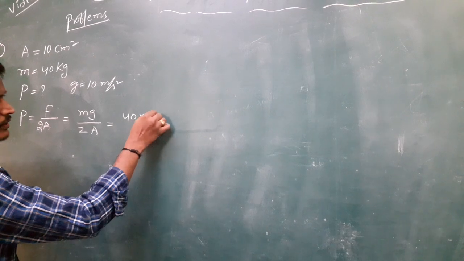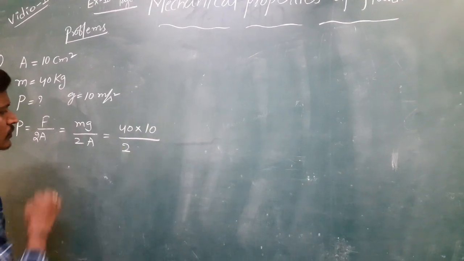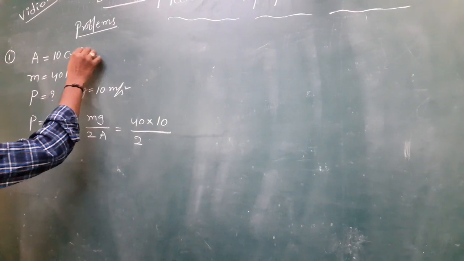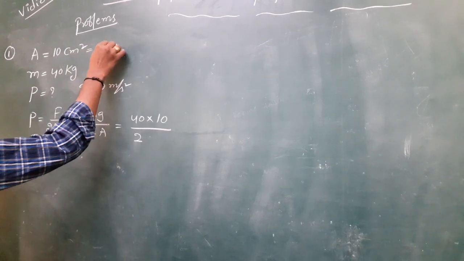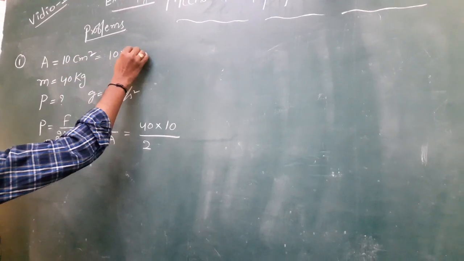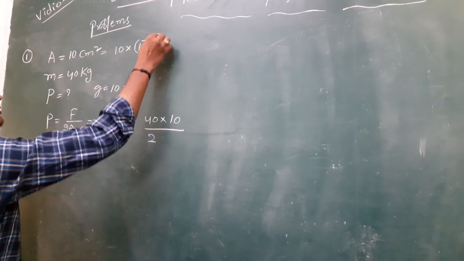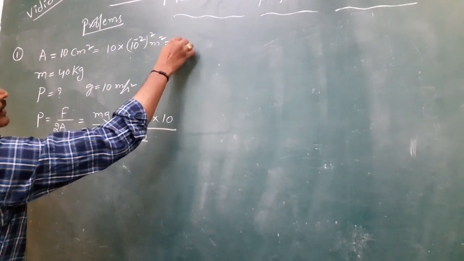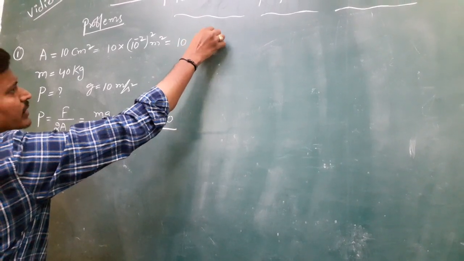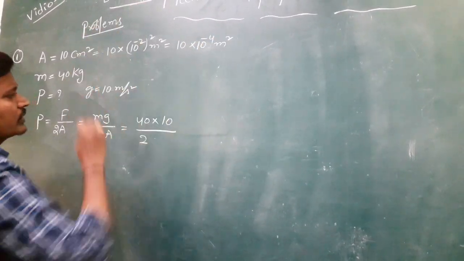So 400 divided by 2 into A, converting area into meters. 1 centimeter is equal to 10 power minus 2 meter, so 10 power minus 2 whole square is 10 into 10 power minus 4 meter square.